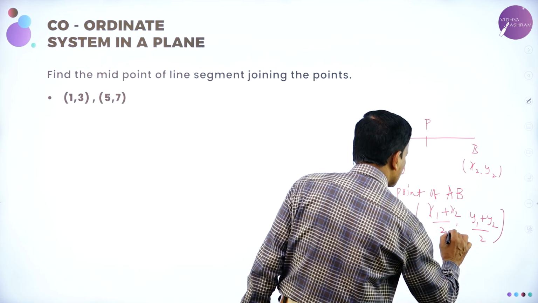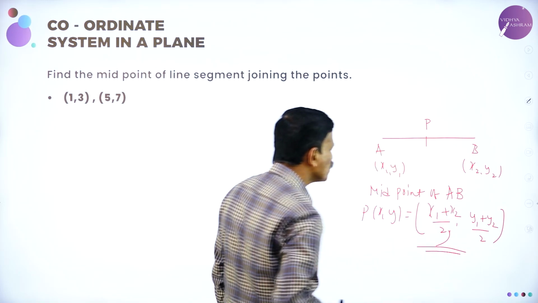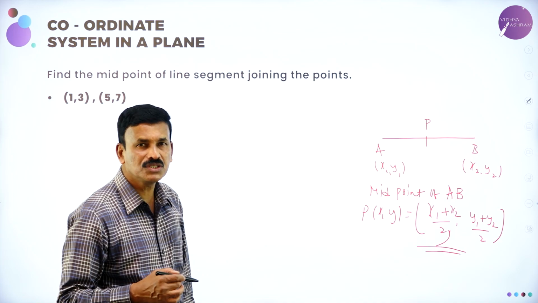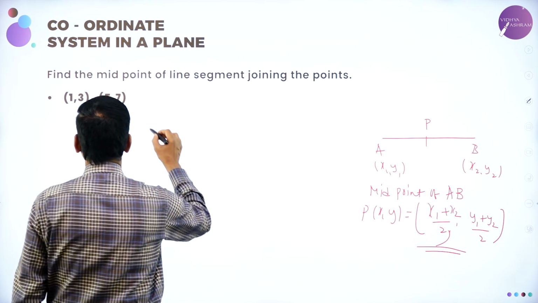This is the formula for a midpoint of a line. So x1 plus x2 by 2 comma y1 plus y2 by 2 is the midpoint of a line joining the 2 points.